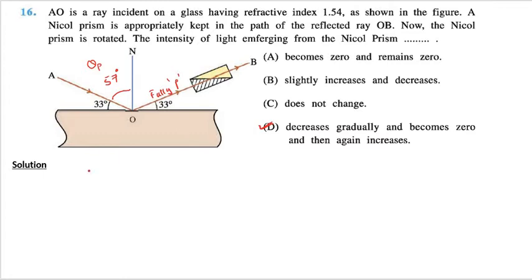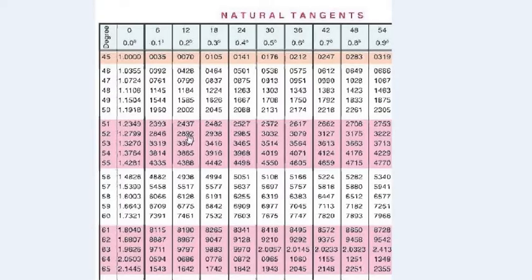And then this would be the correct answer. So what I am going to do is apply Brewster's law, that is tan theta p is equal to the refractive index of glass with respect to air, that is 1.54. So theta p is equal to tan inverse 1.54, and I have the natural tangent table ready for you.